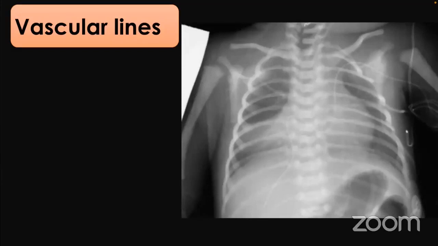In this image, we have a left inserted peripheral central line, which is malpositioned as well. The tip of the catheter is in one of the hepatic veins.